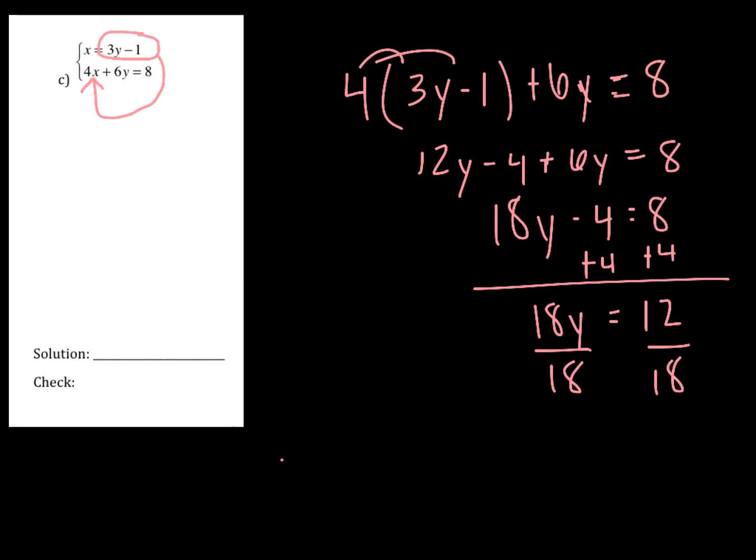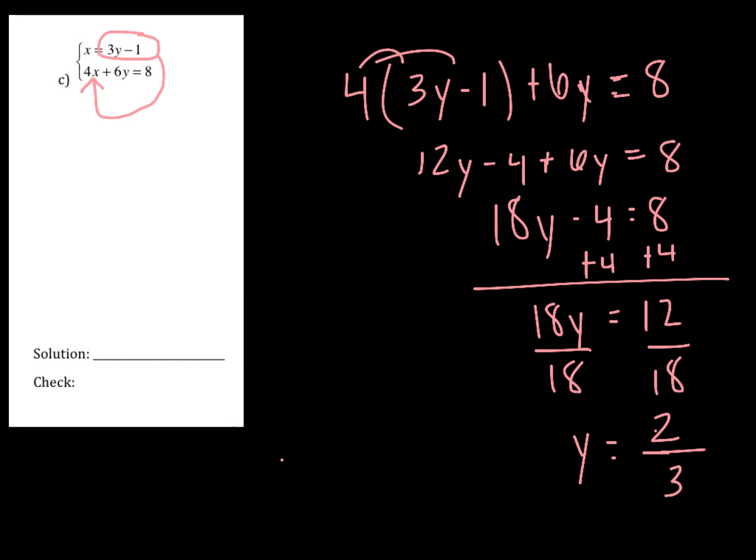So 12/18, if we divide both of them by 6, we get 12 divided by 6 is 2, and 18 divided by 6 is 3. So y is 2/3.